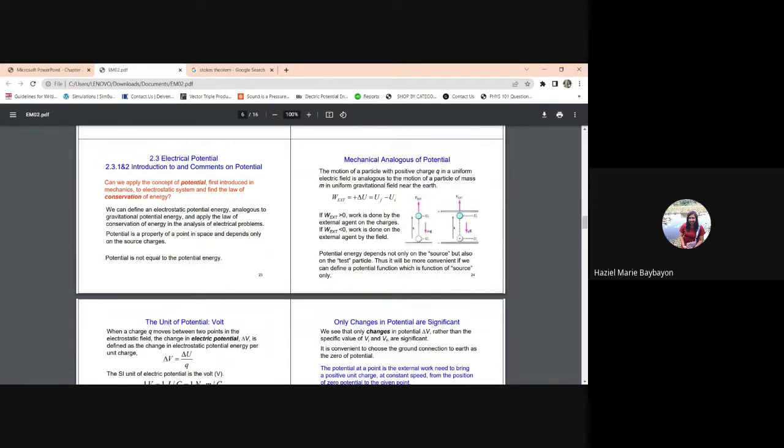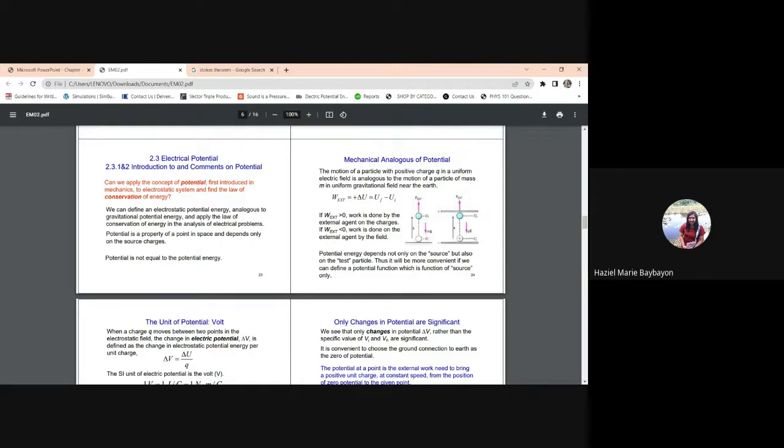So we have here a standing question: can we apply it to electrostatic systems? We can define an electrostatic potential energy that is analogous to the gravitational potential energy and apply the law of conservation of energy in the analysis of electrical problems.